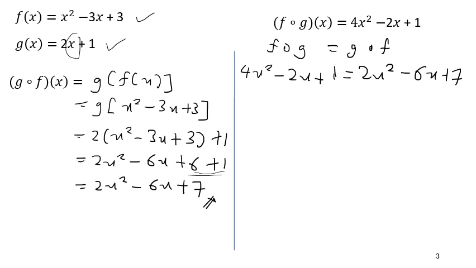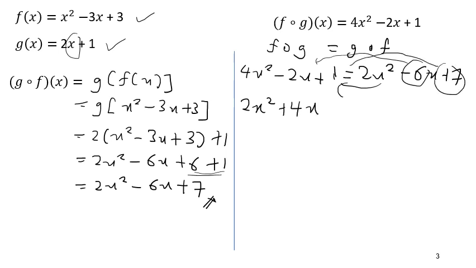So simplify this, everything brought to the left hand side. So 4x squared minus 2x squared is 2x squared. Negative 6x brought over becomes positive 6x, so positive 6 minus 2 is positive 4x. And then minus 7 when we move to the left hand side, so 1 minus 7 is minus 6.